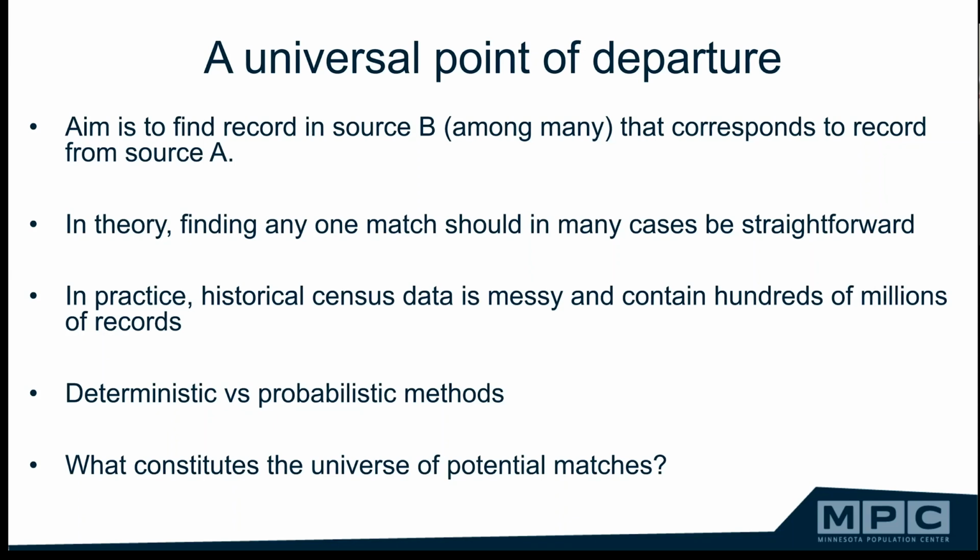In theory, in many cases, finding any one match is pretty straightforward. I think it's easy to understand this if you're thinking about someone you have a lot of prior knowledge about. For example, you know that your grandma, at some point, moved from Pennsylvania to Illinois.